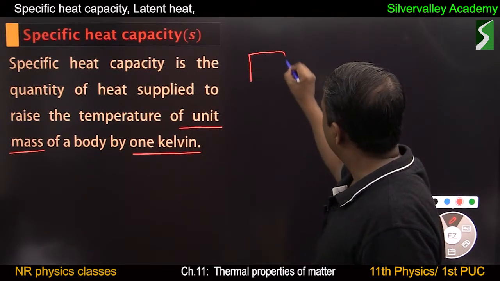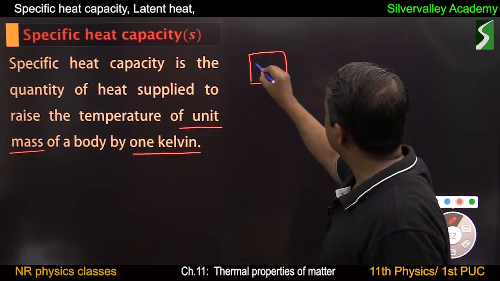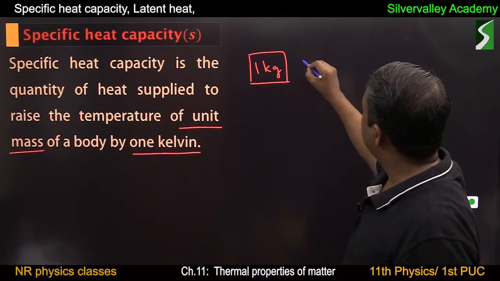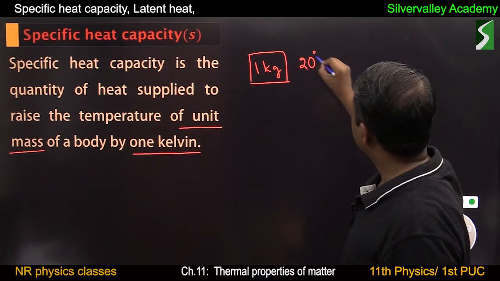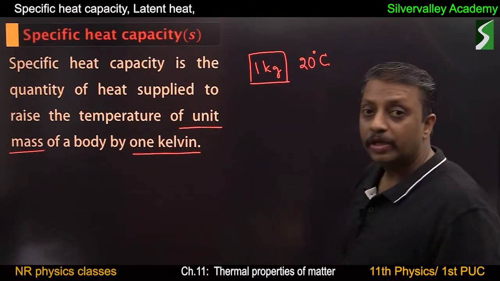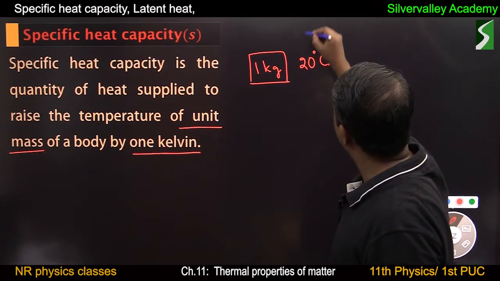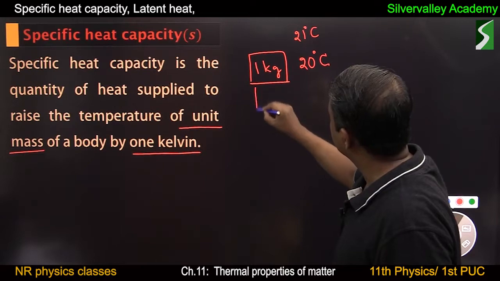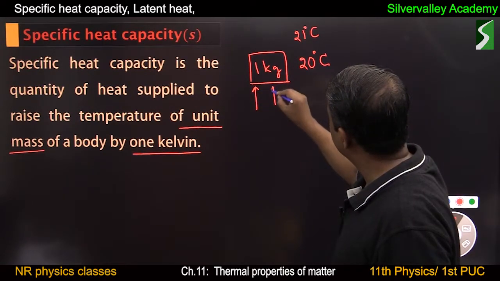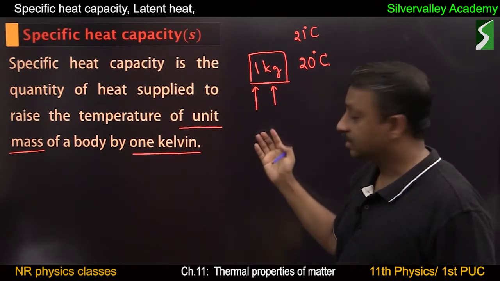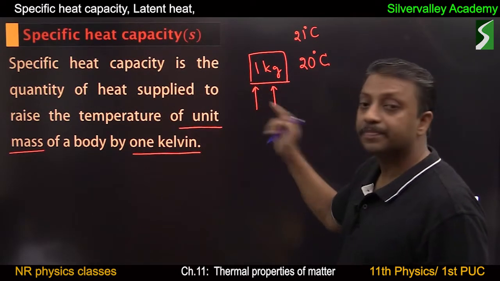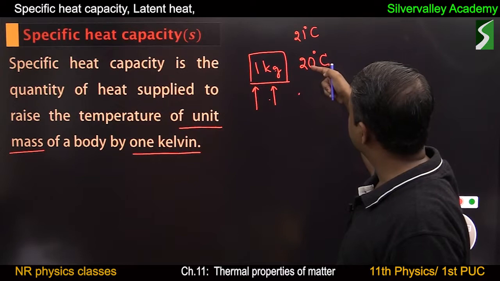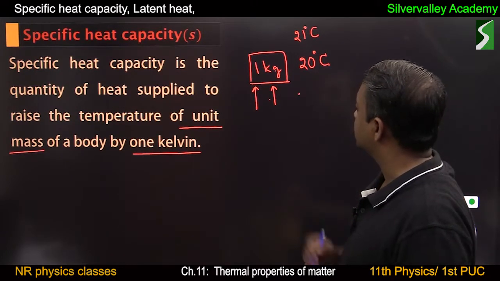Let me consider this body of mass 1 kg and this is at 20 degrees Celsius. To increase its temperature to 21 degrees Celsius, we have to supply heat energy. This upward arrow mark represents heating. So after heating, temperature is increased from 20 to 21 degrees Celsius.